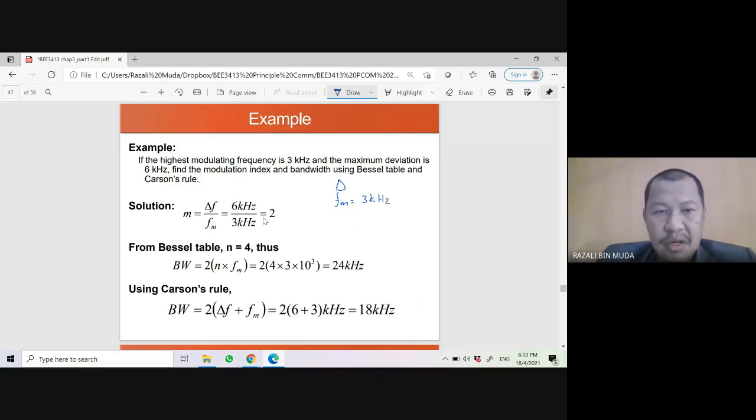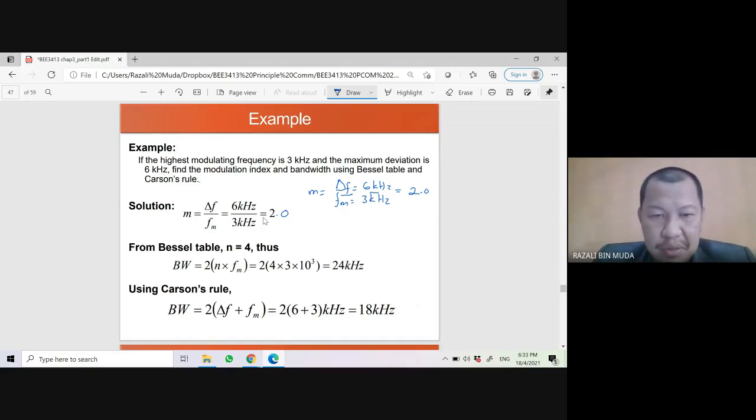Modulation index, what is it? Maximum deviation equal to 6 kHz. So m equal to delta F over Fm equal to 2.0.